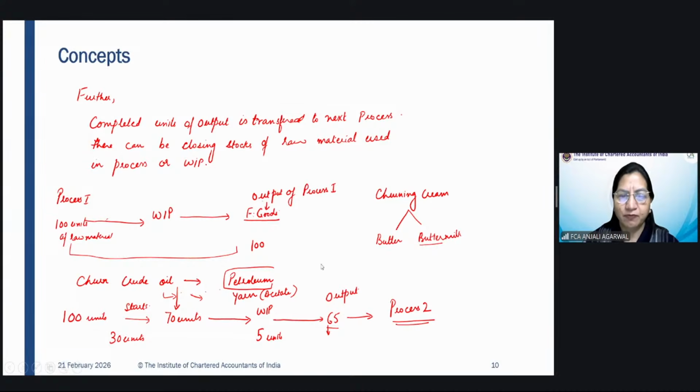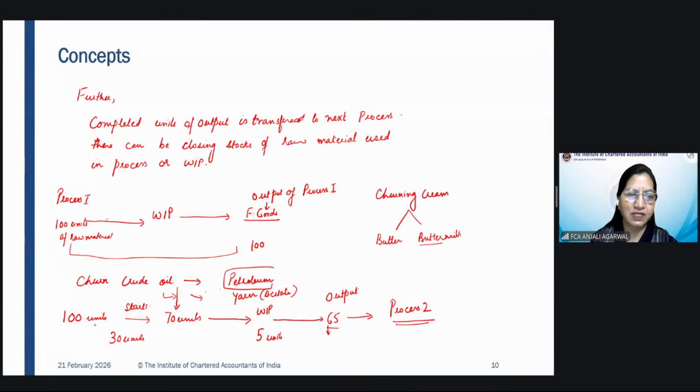What I want to emphasize here is that if there is a process, the output of that process, if complete, will move to the next process. But if it is not complete, it is WIP, it will be the closing stock of that process one. So when process one starts the next period or next year, there would be a closing stock of WIP.